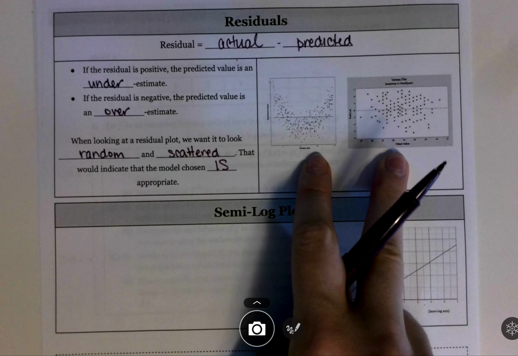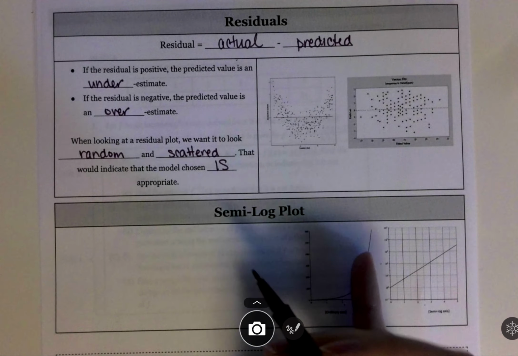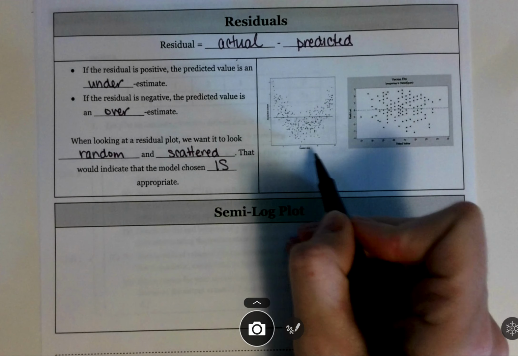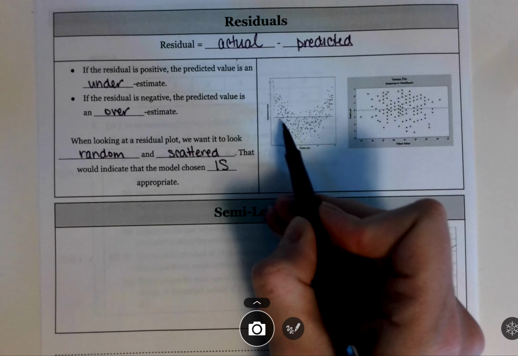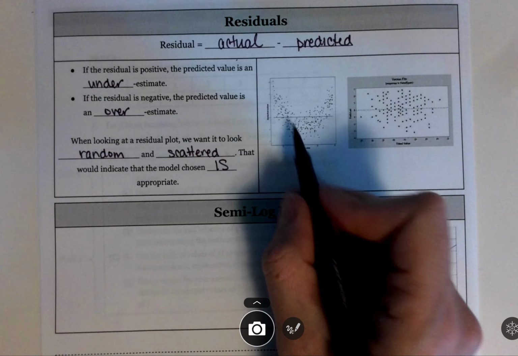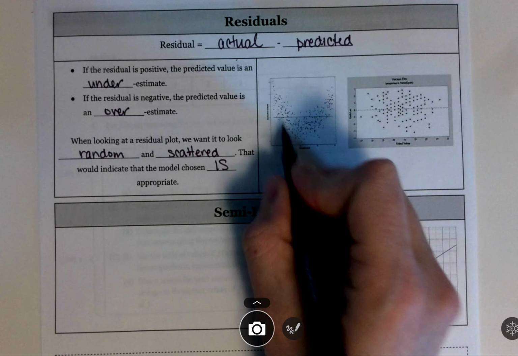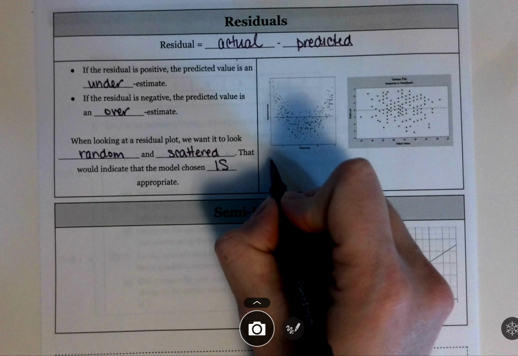So we have 2 residual graphs here. They are not connected to each other. They're about 2 different functions. This model right here, I see a pattern. I have a U shape in my residual points. Since I notice a pattern, that means that this model that was chosen is not appropriate.